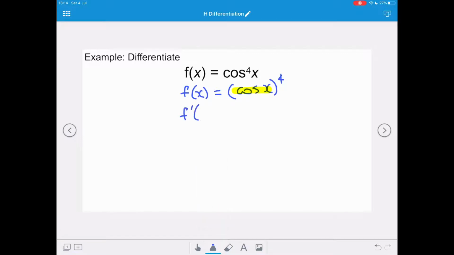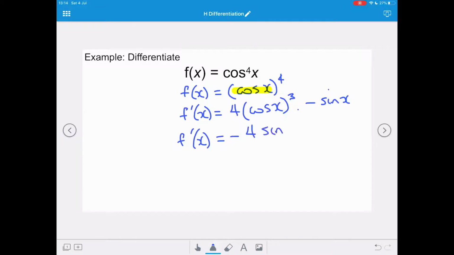So the derivative of our function of x with respect to x is 4 multiplied by cos x all to the power of 3, and then we're multiplying it by negative sine x, because that's the derivative of the inside function. So the derivative of our function of x is going to equal negative 4 sine x cos cubed x.